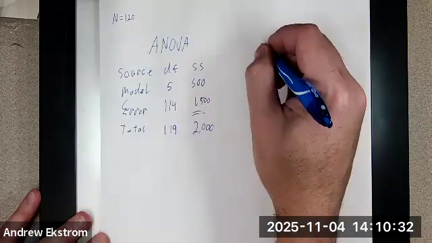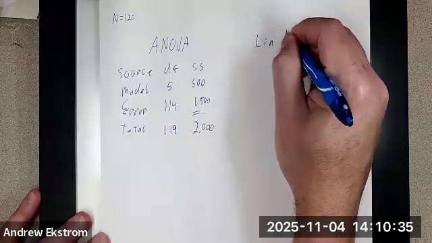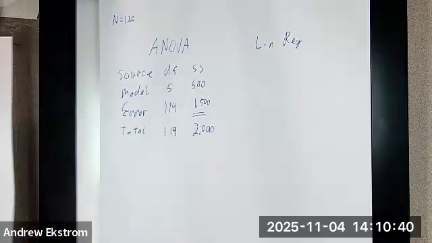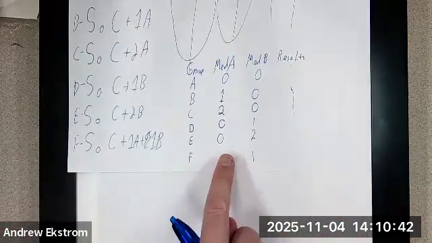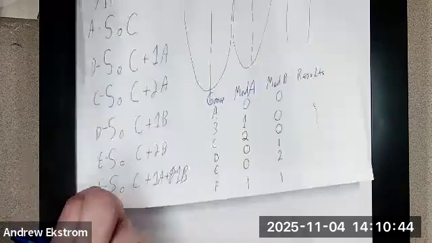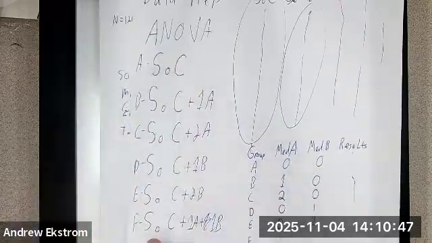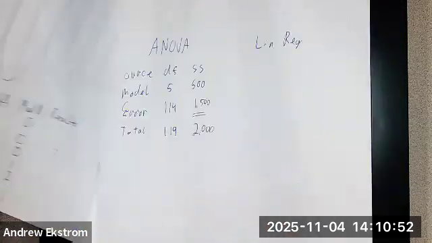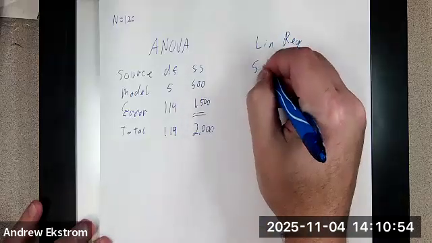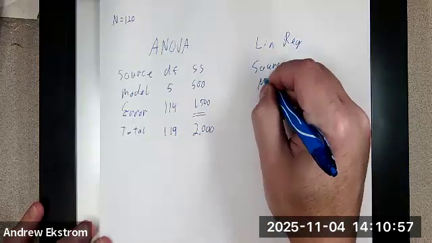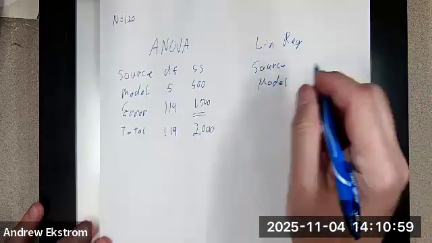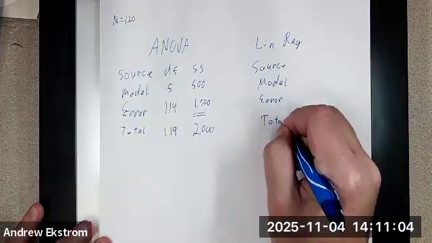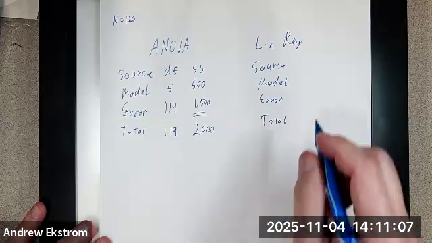If we try to fill out the same table using the linear regression, which is essentially what we're doing by reformatting the data and prepping the data, taking it from whatever we had over here, just making it into these two columns. We're still going to have the source. So there's still going to be something for the model. There's going to be something for the error. There's still going to be something for the total.